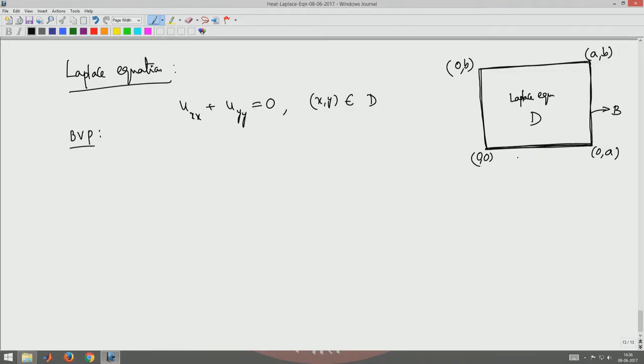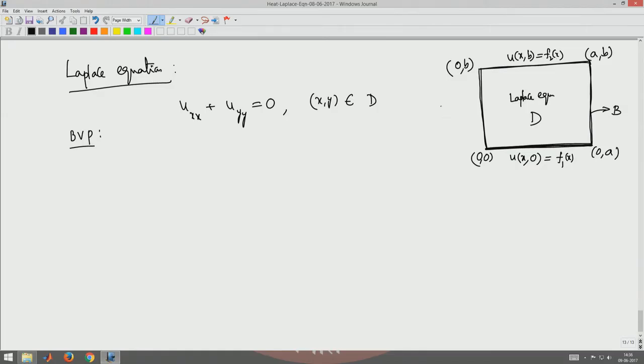What I do is maintain the boundary at certain fixed temperatures. For example, on this edge x is varying between 0 and a, and y is 0. So u(x, 0) is, let us say, f1 of x. Then here u(x, b) is f2 of x.